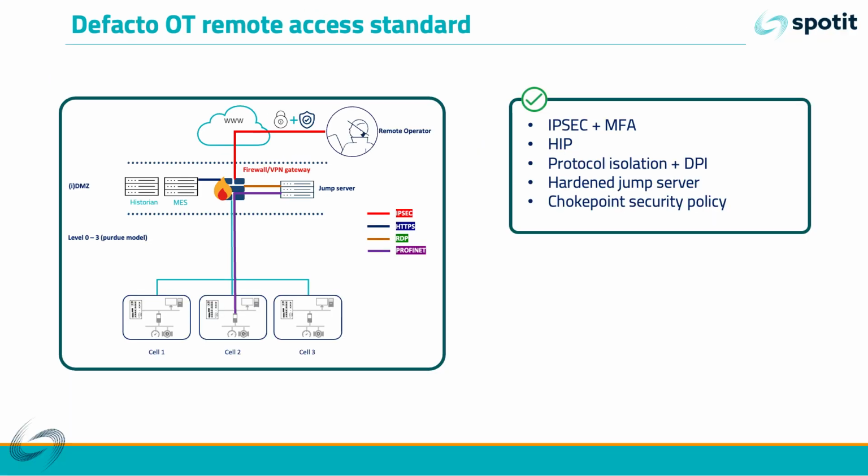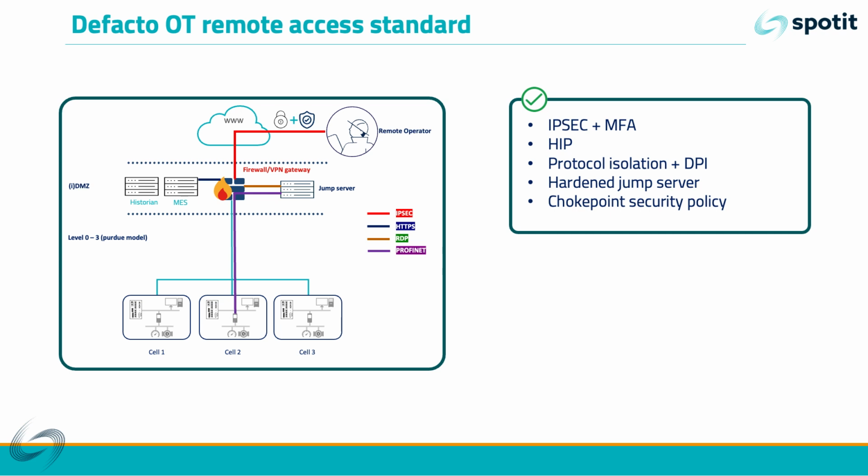Multiple benefits to the design. So we already touched on IPsec and MFA. Also in this architecture, in combination with a capable next-gen firewall, you can have a host information profile on the remote operator's client. And this can then check the OS, the patch level, whether the firewall is locally enabled, and whether, for example, he has received all of his updates.